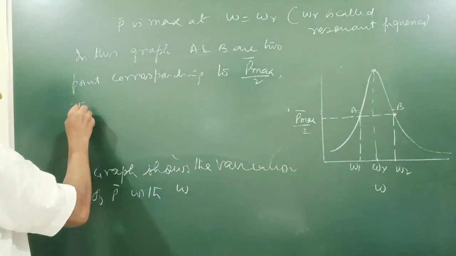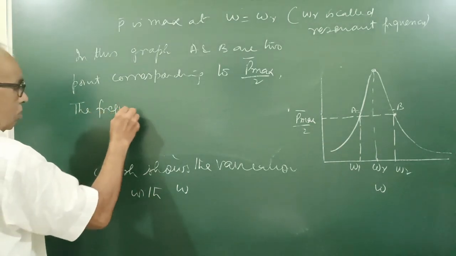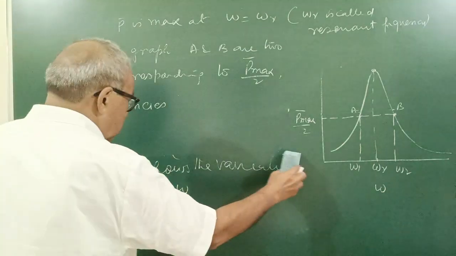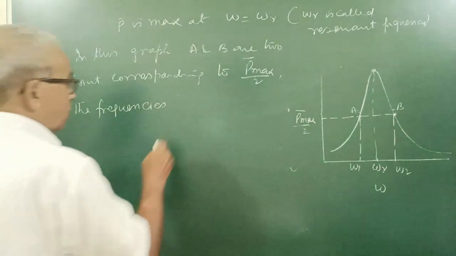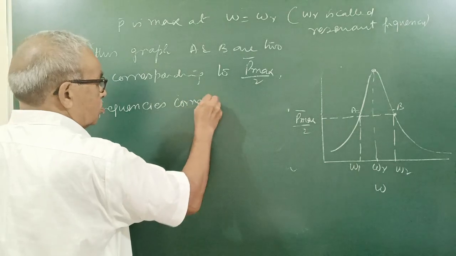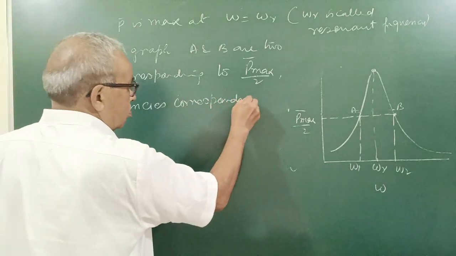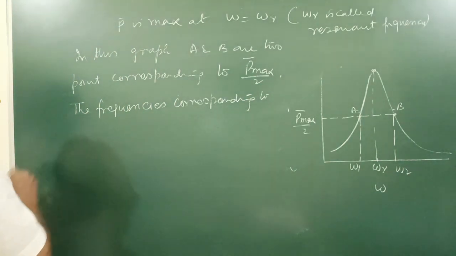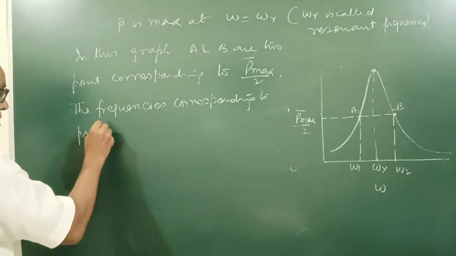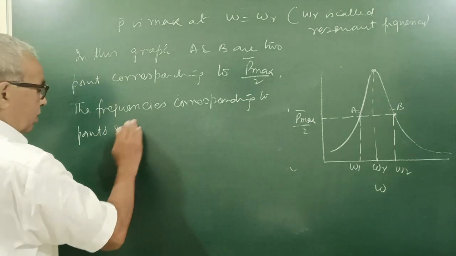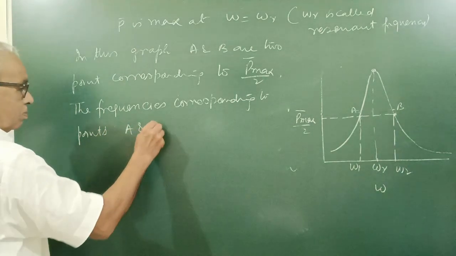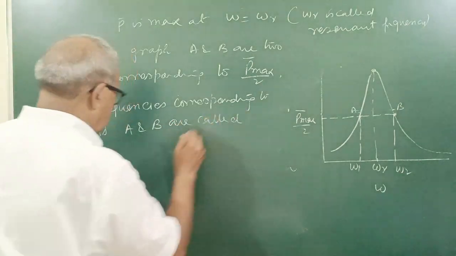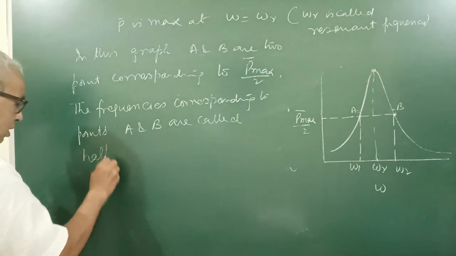The frequencies corresponding to points A and B are called half power frequencies.